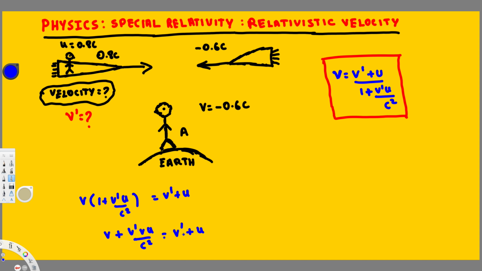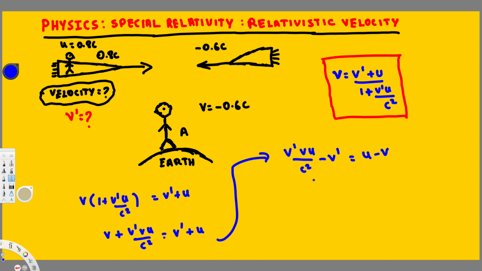If I bring the v prime to one side, first we have v prime vu over c square already on this side, and if I bring this v prime to this side, that's going to become minus v prime, and if I bring this v to the other side, that's going to become u minus v, right?